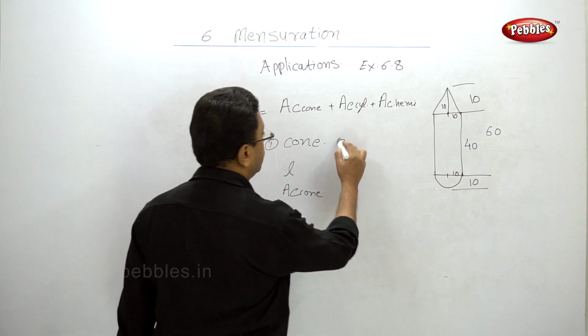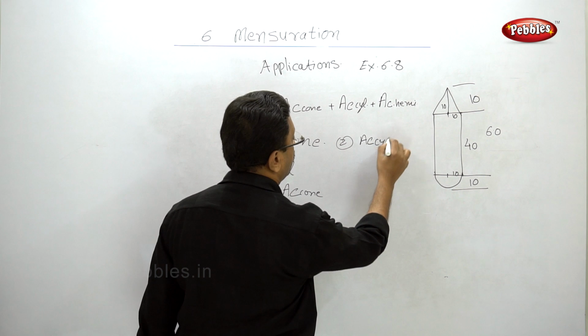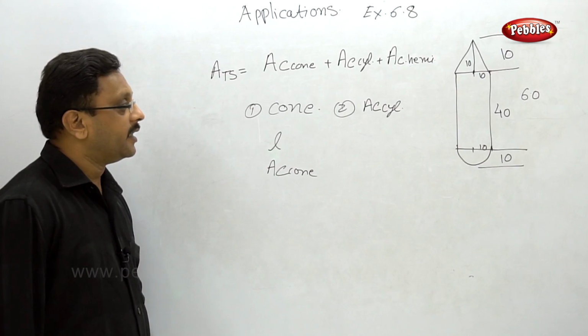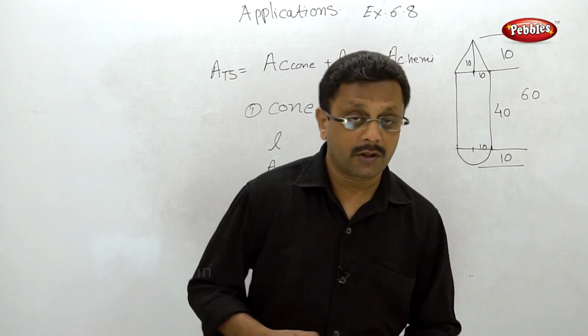Then second, cylinder. So you find out the curved surface area of cylinder. That is very easy. And then third, you find out the curved surface area of hemisphere.